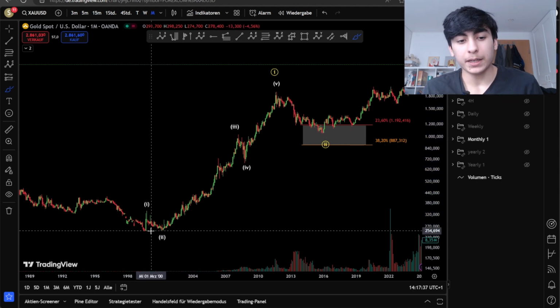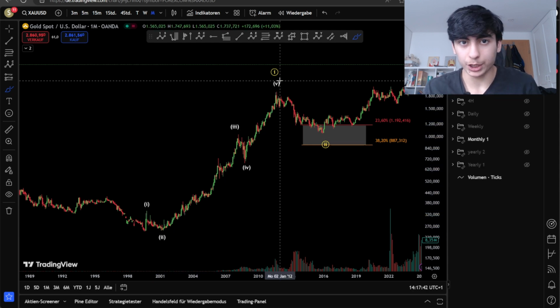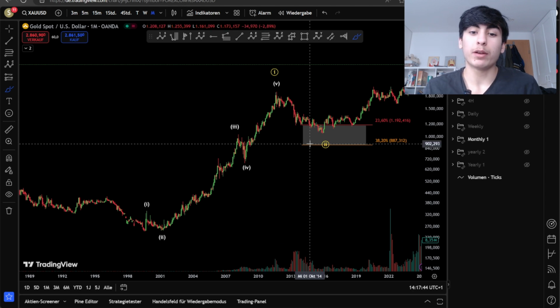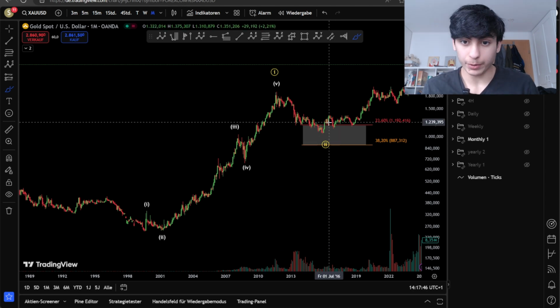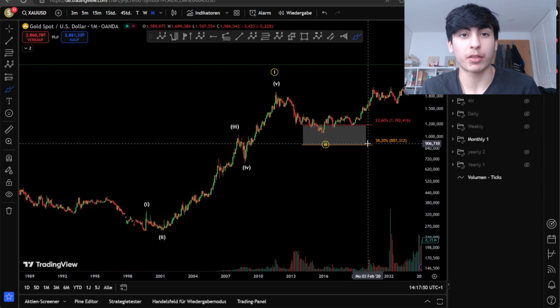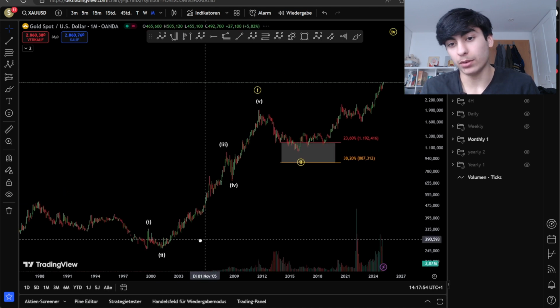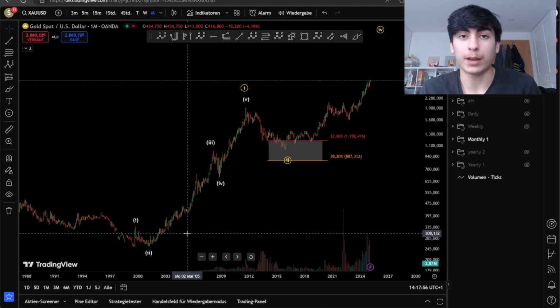We have a 1, 2, 3, 4, 5 to finish your wave 1 in yellow, and your wave 2 in yellow only retraced in the area of the 236 to the 382, which actually is not preferred for wave 2, but we are on the monthly time frame.